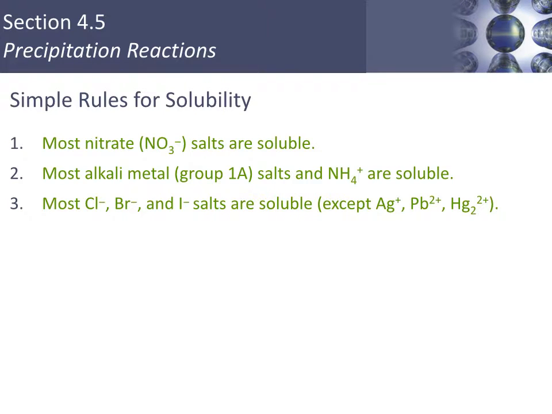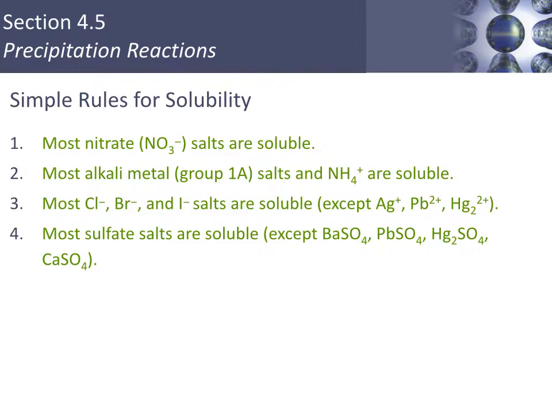Most chloride, bromide, and iodide salts are soluble, except, and these are some important ones to remember, silver, lead, and mercury. Most sulfate salts are soluble except for barium sulfate, lead sulfate, mercury sulfate, and calcium sulfate.